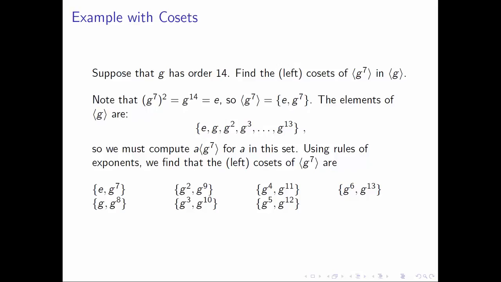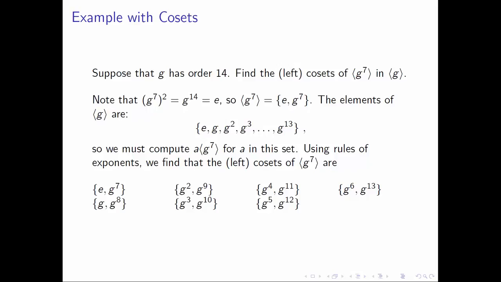Now, in order to write down more simply what these cosets look like, we're going to use the rules of exponents again, and we go through just one at a time. When we take the identity times the group generated by g to the 7th, the coset that we get is just the subgroup, the identity and g to the 7th power. When we take g multiplied by the group generated by g to the 7th, the identity times g is just g.